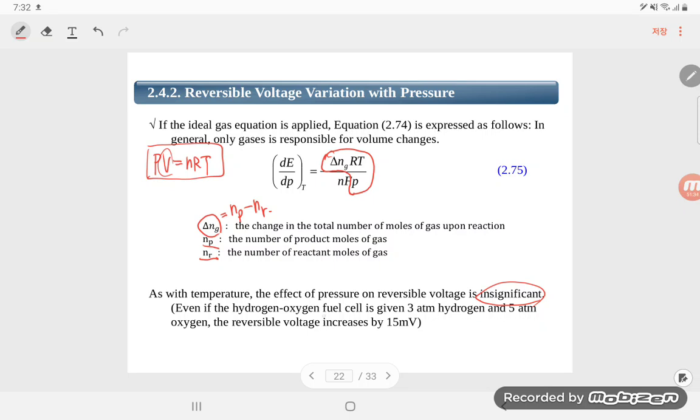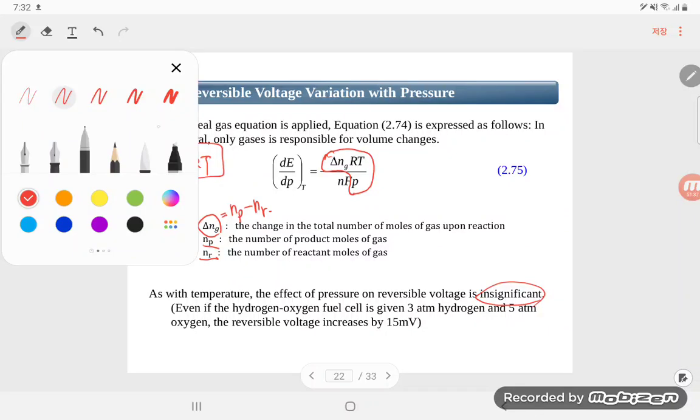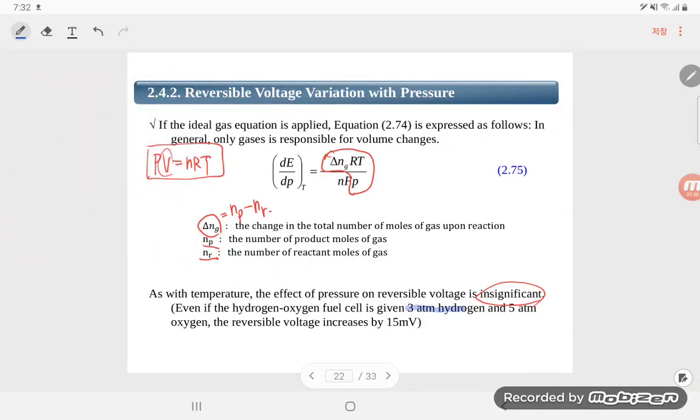If the hydrogen pressure is maintained at 3 atm, 3 bar, and 5 atm for the oxygen gas, then if you insert the values in here, we can get plus 15 millivolts. So the effects of temperature and pressure are not that significant. Anyway, we can quantitatively calculate each effect of the pressure and temperature together.